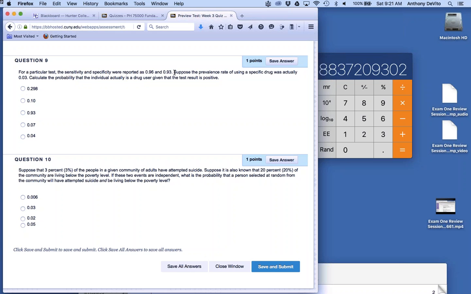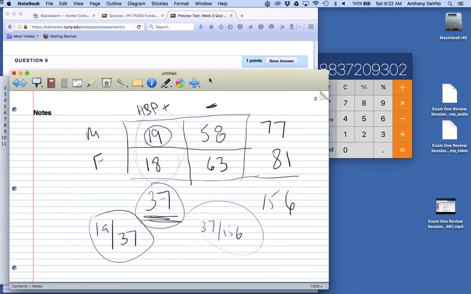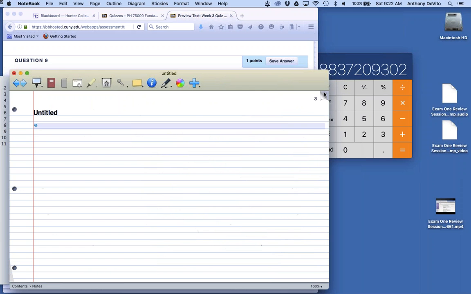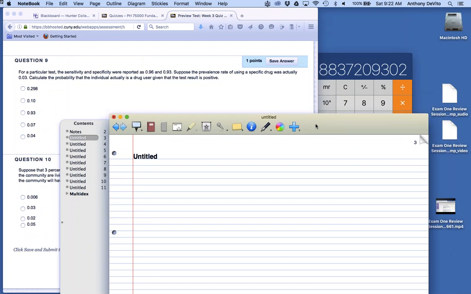I'm going to first use this information to create a contingency table, a diagnostic table for this test. You don't have to do this. It's not the most orthodox way, but it helps me a little bit, and it might be a way for you to understand these tables better. So first I'm going to set up a table.